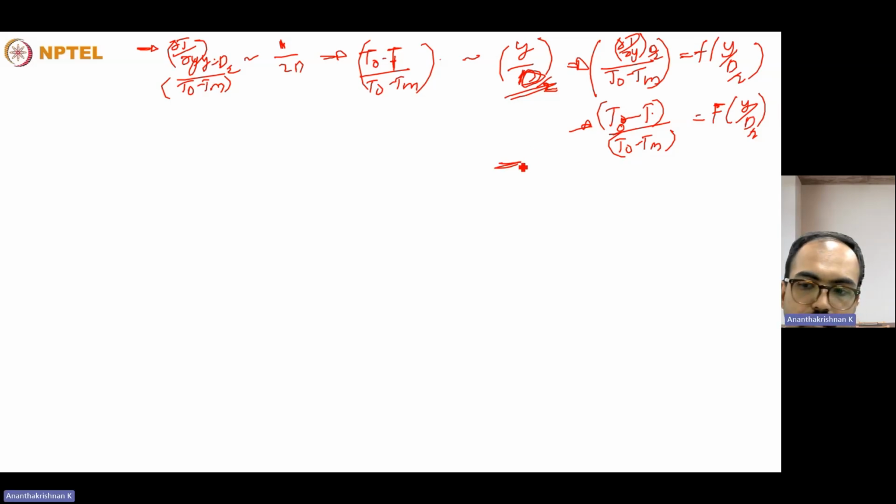So based on that, we can write this as f plus some constant term that is dependent upon x.